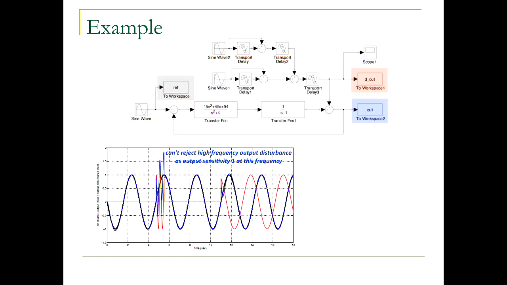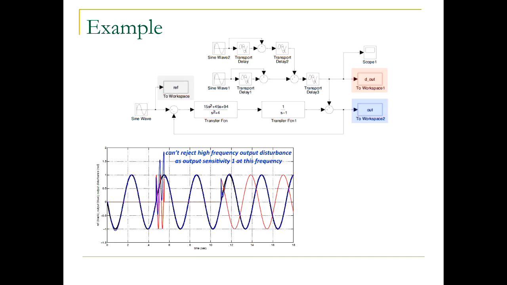Note it's sort of shifted off, it's not really synchronized with the reference, but it has the right frequency. And note again that the thin blue line first goes nuts for a bit, and then the transient is very fast and it converges very quickly to the reference.